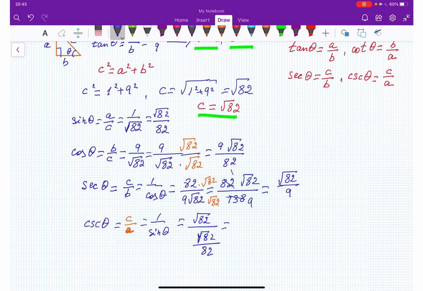Okay, this is equal to the square root of 82 divided by the square root of 82 over 82. Too many 82s, huh?